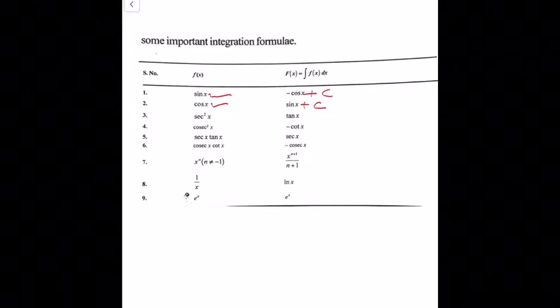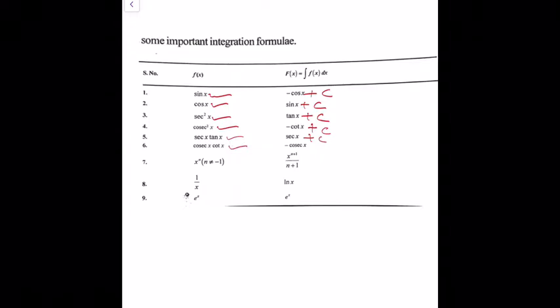Sec square x after integration, tan x plus c. Cosec square x, minus cot x plus c. Sec x tan x, sec x plus c. Cosec x cot x, minus cosec x plus c.